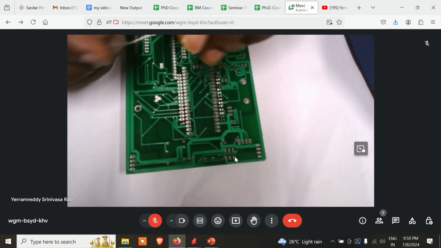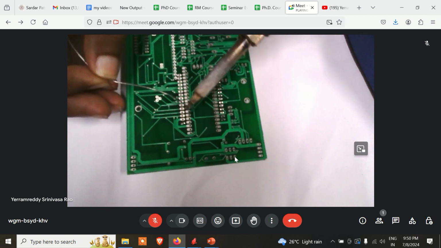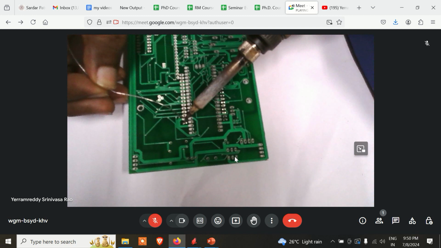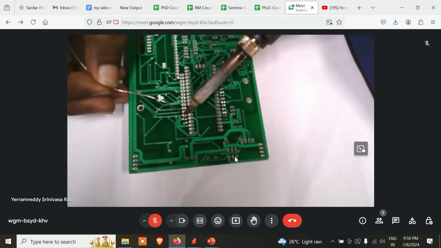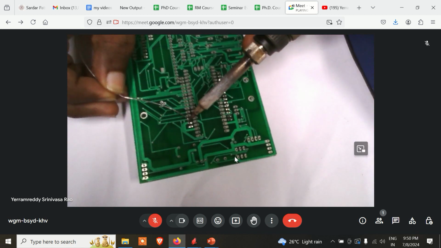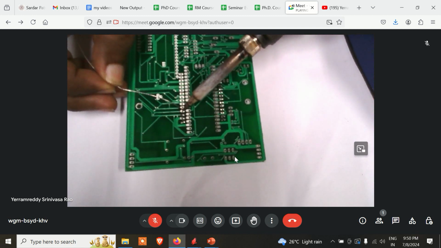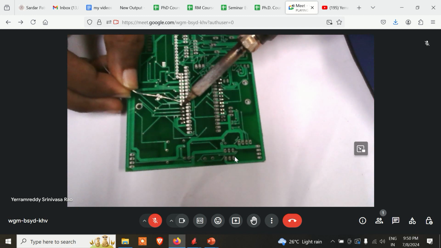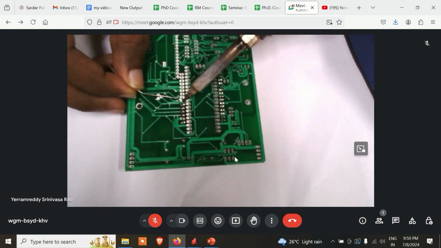Then solder similarly the remaining pads by keeping the gun and metal together on the pad, heat the pad, put the metal, move the metal in such a way that on all four sides the metal should flow and soldering should be done.